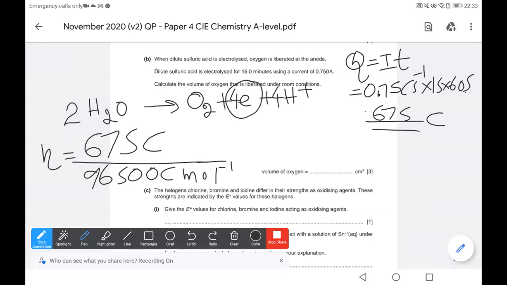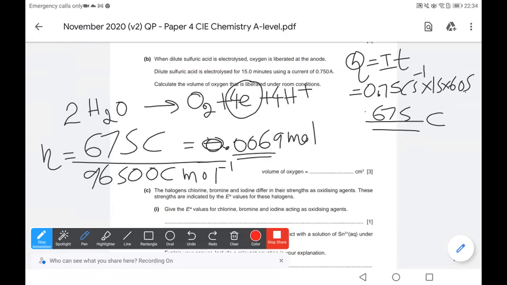So this gives moles of electrons. If in the data booklet they give 96,490 or a different value, we use that. Here I just assume the Faraday constant is 96,500. So moles of electrons is 0.0069.